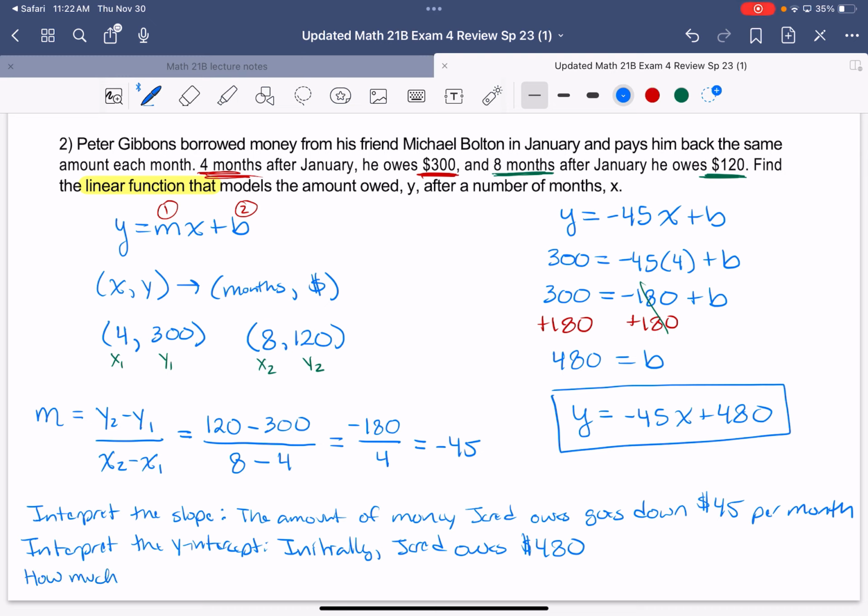How much does Jared owe at 10 months? How much does Jared owe at 10 months? How would we figure that out?